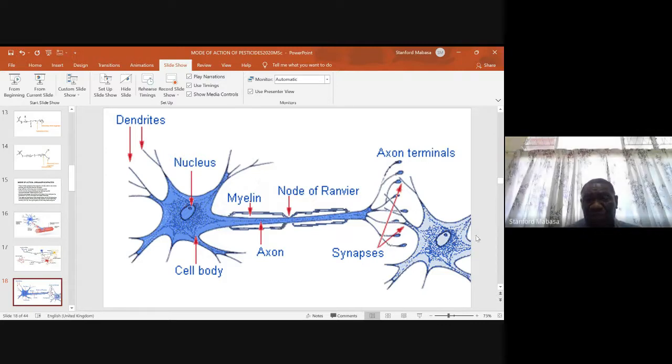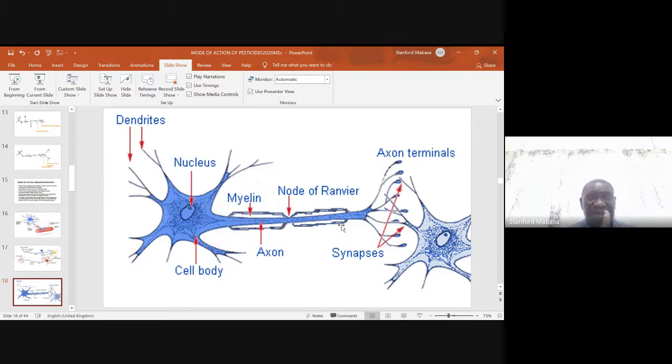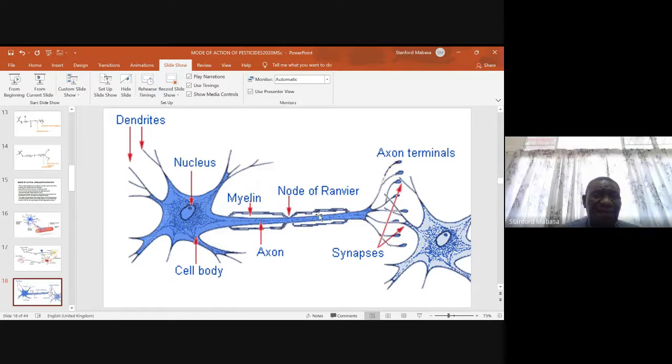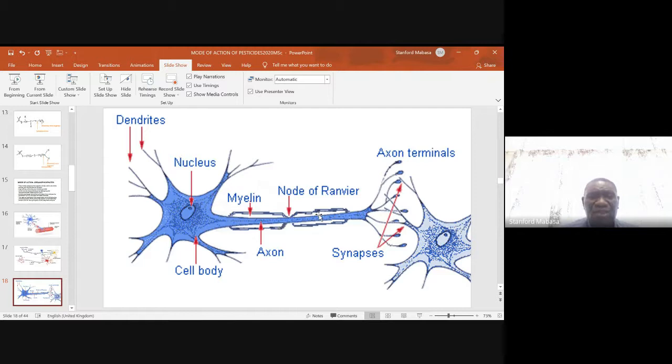Where you have two groups of structures of the nervous system, we have what are known as the synapses. It is at these synapses where acetylcholine transmits messages. Here I'm just putting these structures of the nervous system so that you have an appreciation of where these things are taking place. It could be inside an insect or a human being.